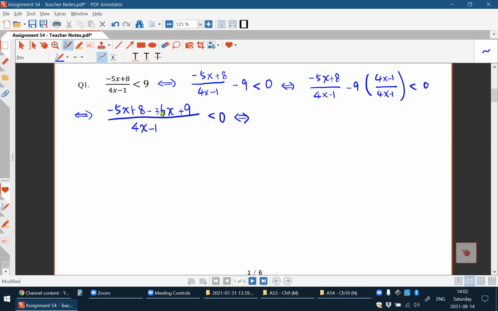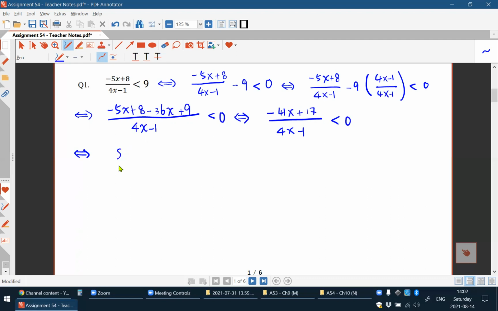Okay, and the numerator can be simplified to minus 41x plus 17 over 4x minus 1 less than 0. And here we have a ratio that is less than 0, which is equivalent to the signs in front of the numerator and denominator being different, right?